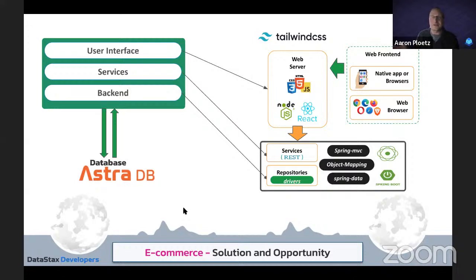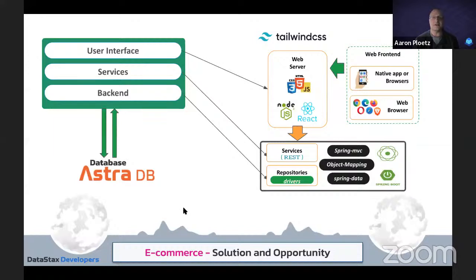Essentially, we have our user interface, which I'm sure you're all familiar with, UIs. This one in particular, we're not going to spend a whole lot of time on. A lot of it's been pre-built. We're just building up the back side, the plumbing to it. But it's built in React, Node.js, and using the Tailwind CSS web component. So the whole idea was to spin it up as quickly as we could while concentrating on the back end.